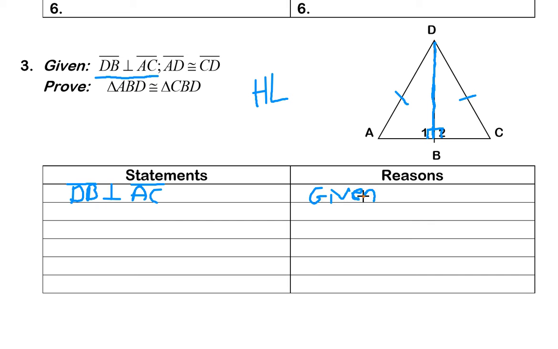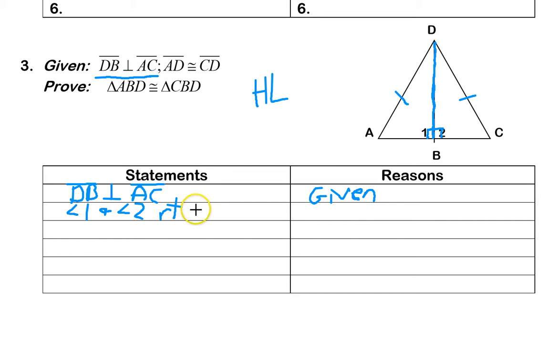Okay, so think about this. They told us they were perpendicular. Remember, you have to justify every single step in proofs. So because they're perpendicular, we know that angle 1 and angle 2 are right angles. So that told us angle 1 and angle 2 are right angles.